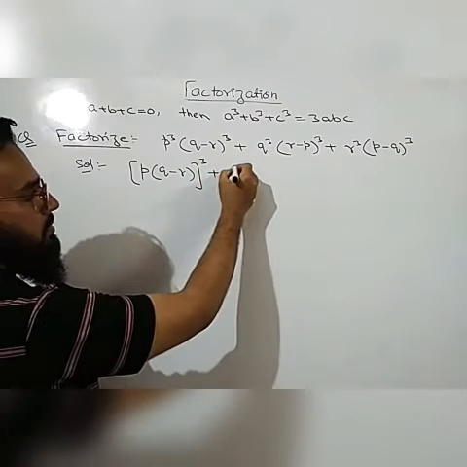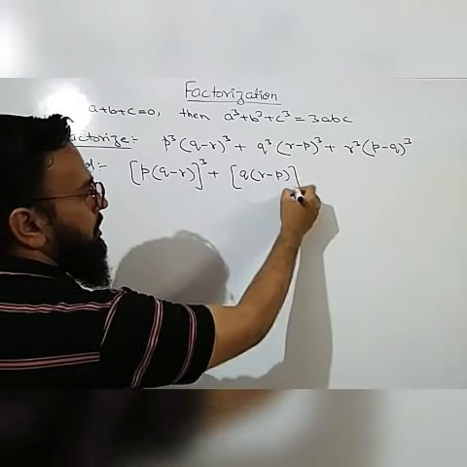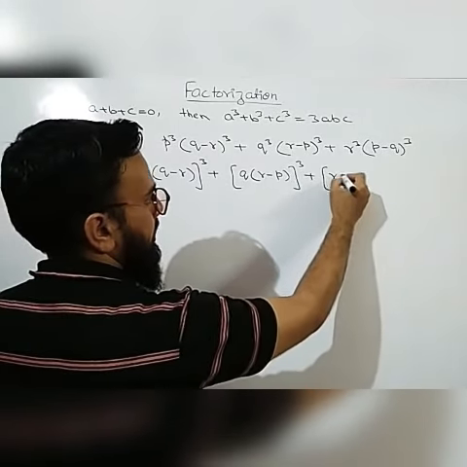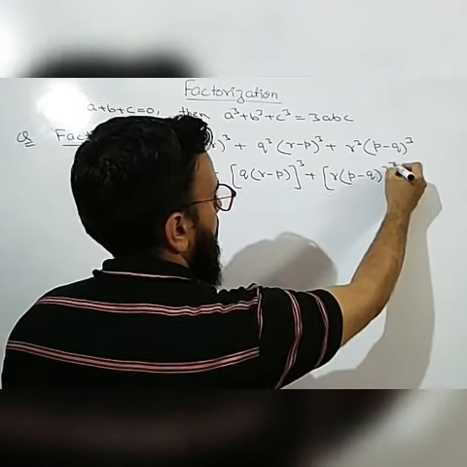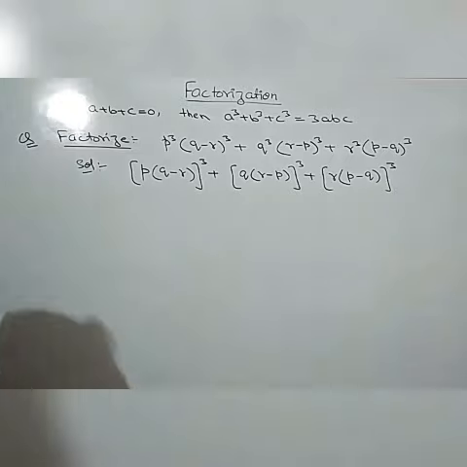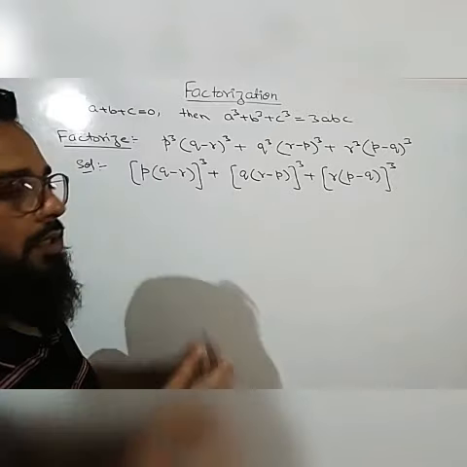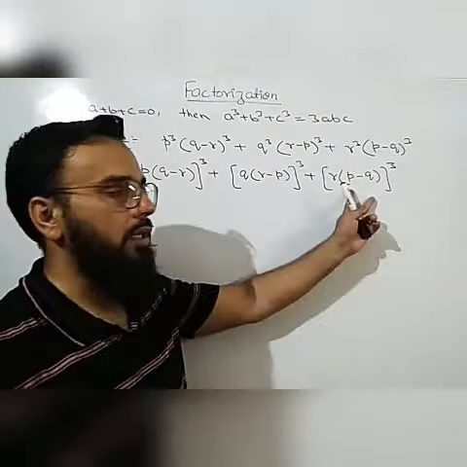Similarly, the second term can be written as q into (r minus p) whole cube, plus the third term can be written as r into (p minus q) whole cube. Okay. Now, what I told you, first we have to convert it in terms of cube of three terms. So it is first term cube, second term cube, third term cube.